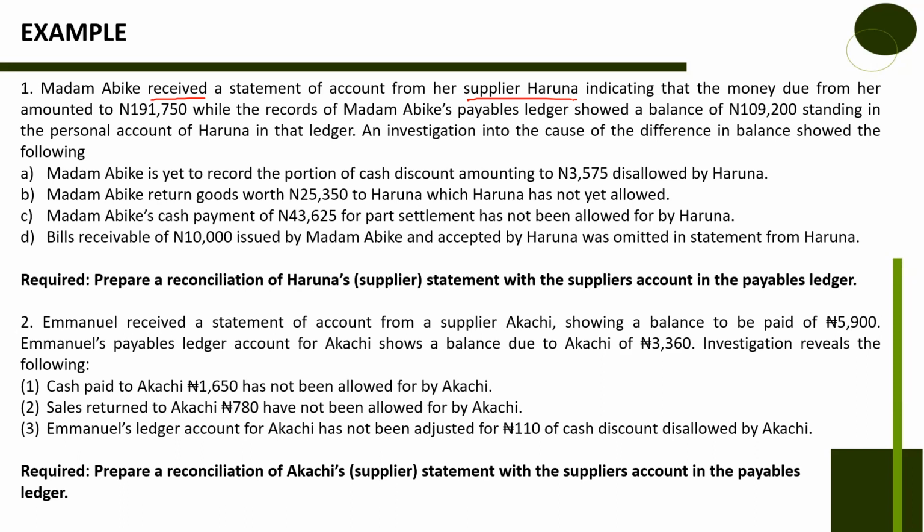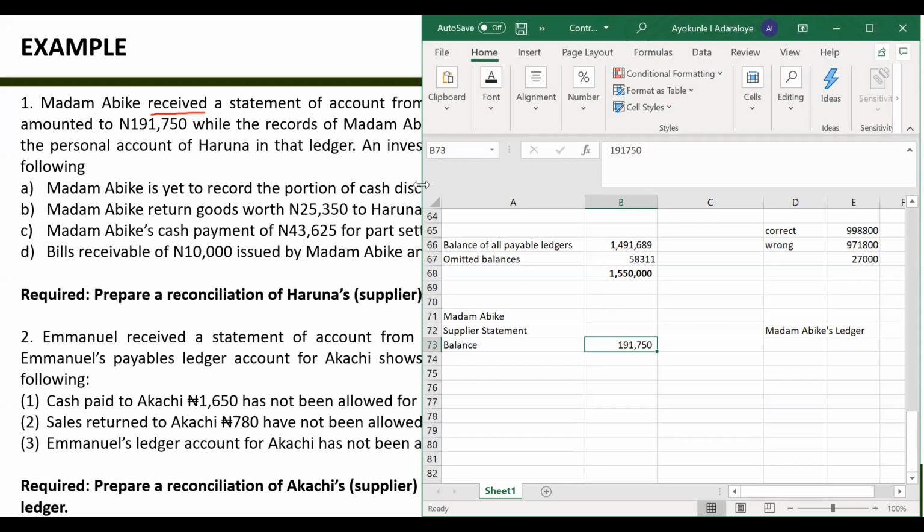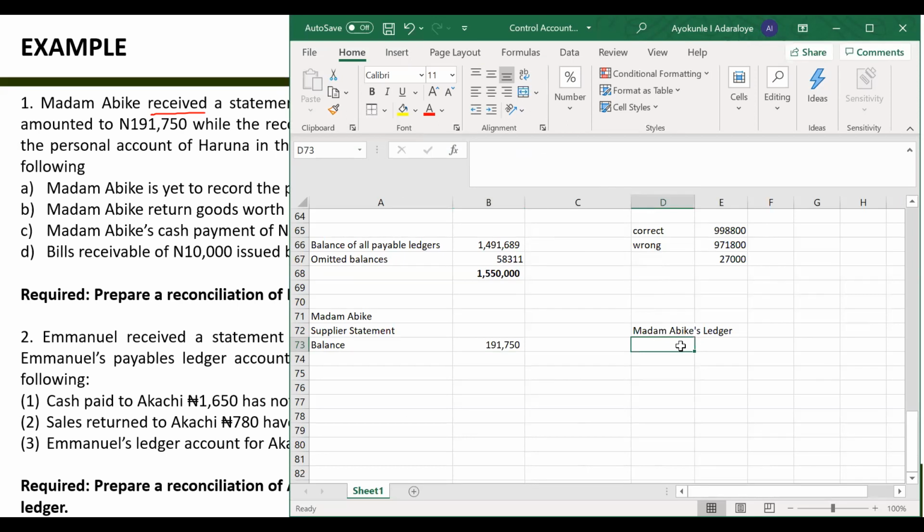Do you understand the difference? Yes. Okay. So the records of Madam Abike's payable ledger show a balance of 109,200. So the balance in our ledger is 109,200. Is that correct? Yes.